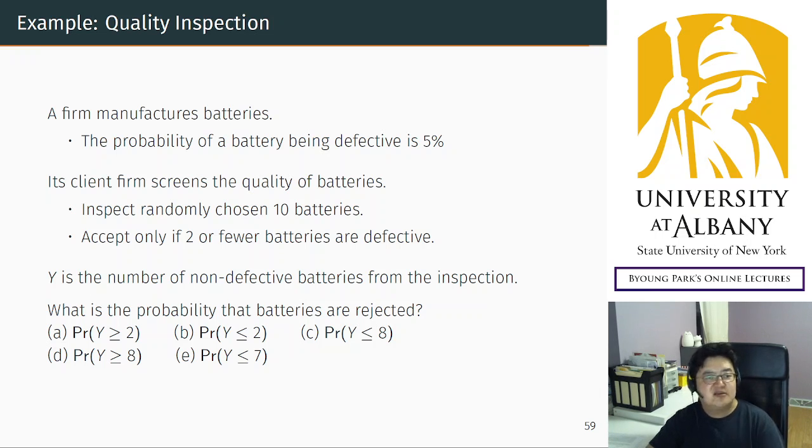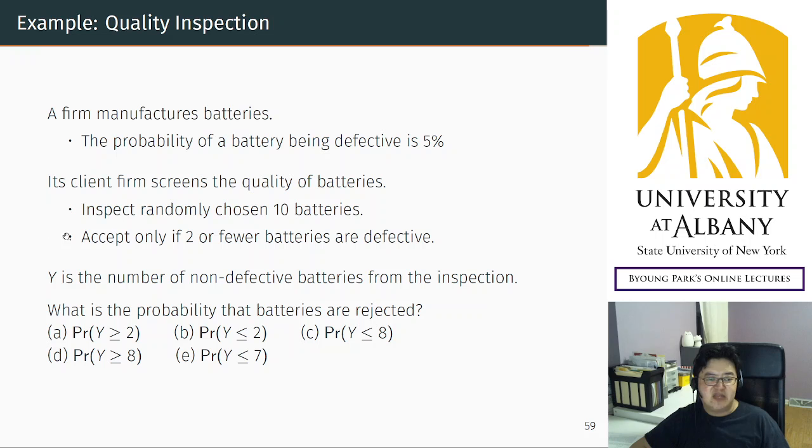So 5%. I've never seen how a battery is manufactured, but suppose that, or simply think about the battery you use, AA battery. So a single battery can be defective with 5%. And you ship your batteries to a client, and the client screens the quality of the batteries.